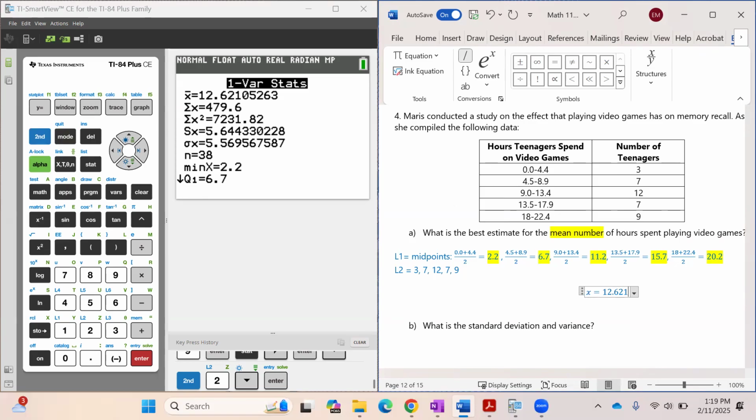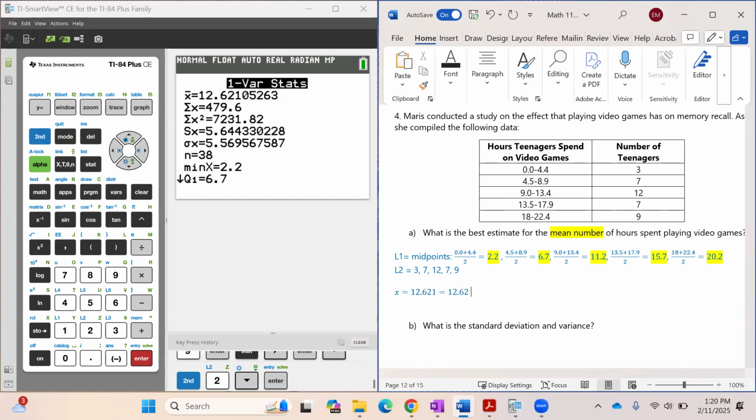And so our original data was one decimal place, so we're going to round this to two decimal places. And so what this rounds to is just 12.62. And this would be hours. And that's our answer.